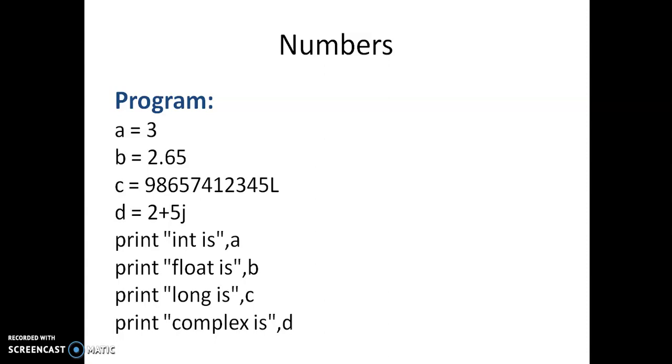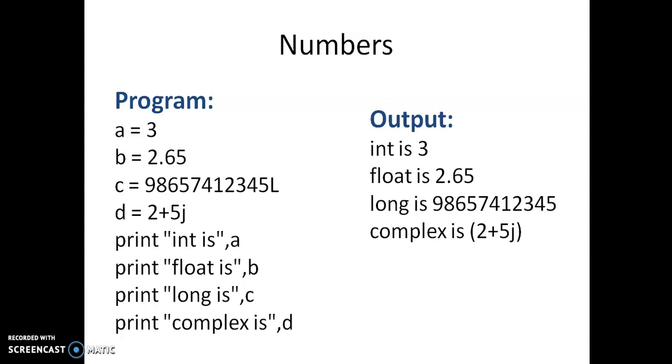Here we are printing the values: int of A, float of B, long of C, and complex of D. The output shows int as 3, and then the float, long and complex values.